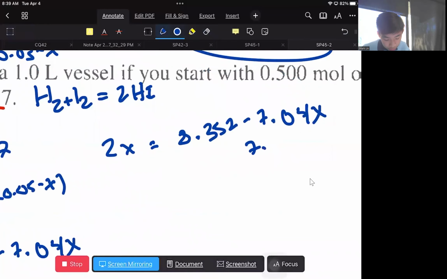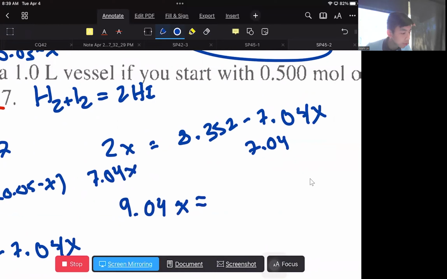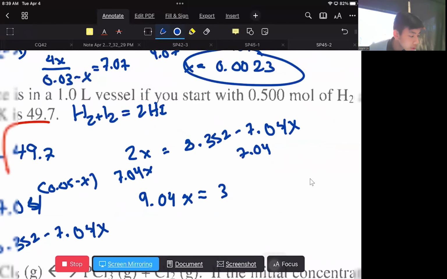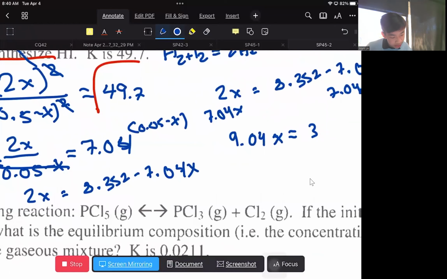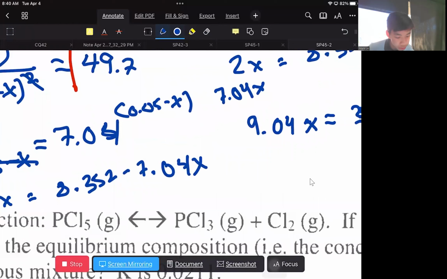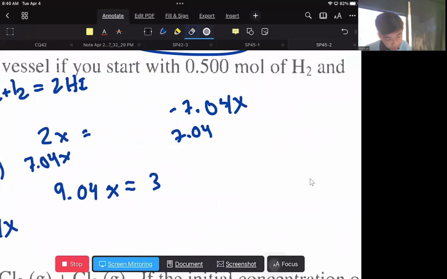You get 9.04x, right, equals 0.35. Why is it this? What did I do wrong here? Oh yeah, sorry. Yes, it's going to be 3.52. I did the calculation wrong. 3.52. Right.